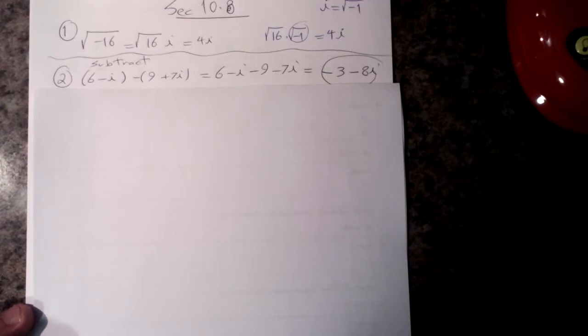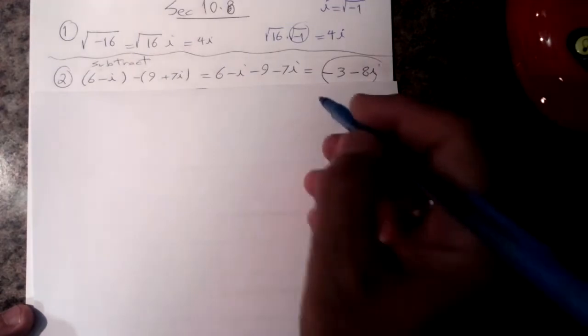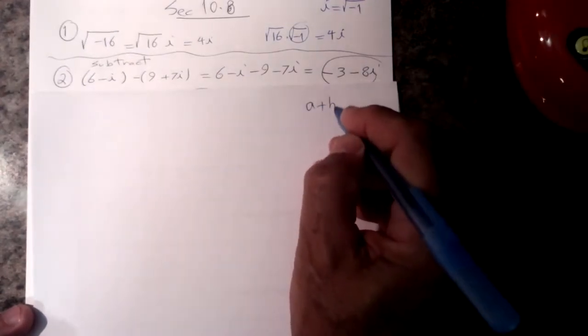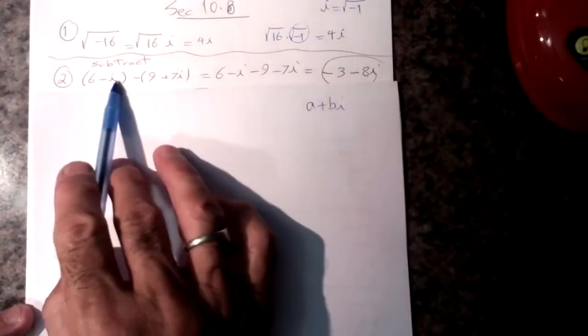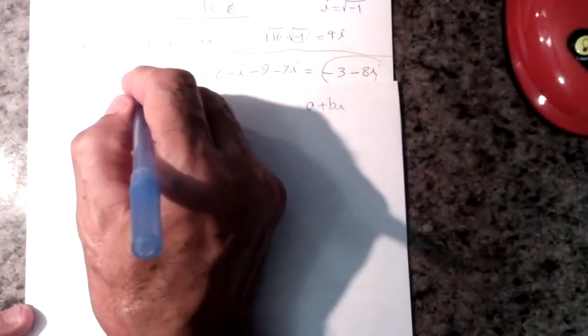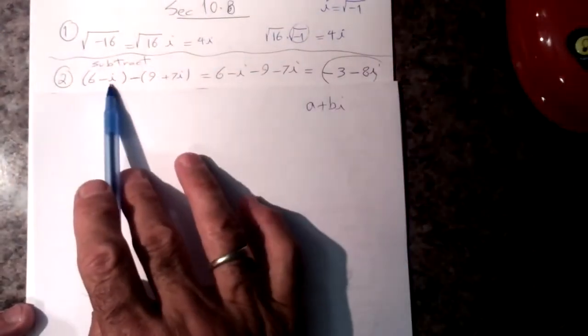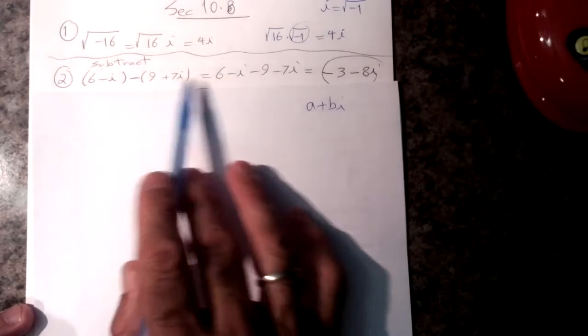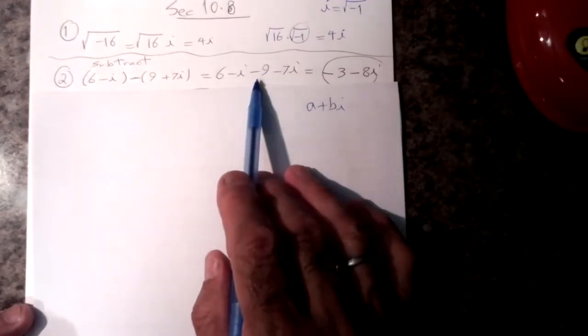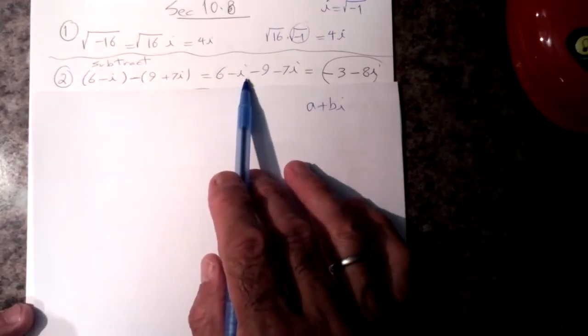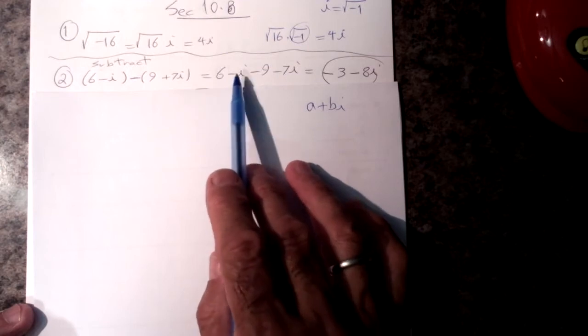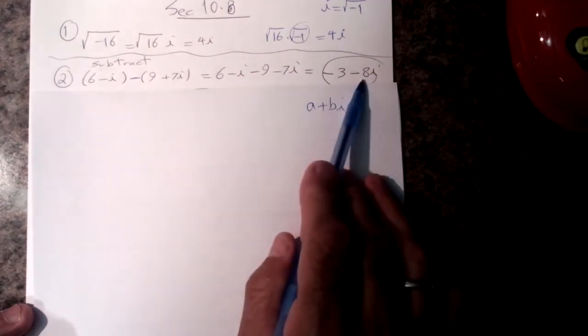Now we need to subtract these two complex numbers. Again, a complex number is a plus bi. You have two of them and you want to subtract, so it's 6 minus i, and then I distribute the negative. Now the i terms are like terms. How many i do I have? -1 and -7 is -8.